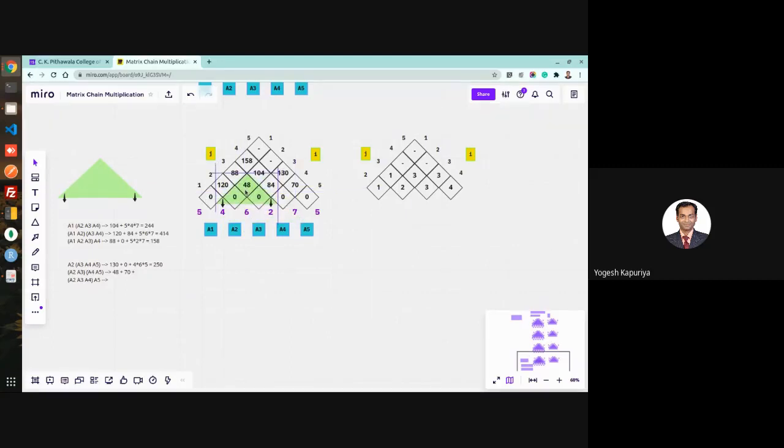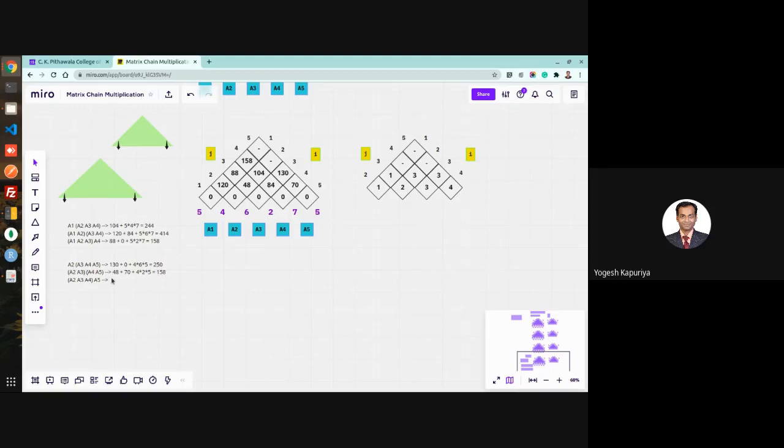The dimension is 4 cross 2 and A4, A5 is 2 cross 5. So that means it is 4 cross 2 cross 5. That is 2 into 5, 10 into 4, 40 plus 70, 110 plus 48, so 158.